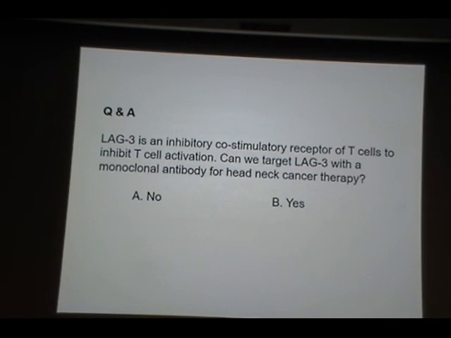But that's not a problem, because if you look at the data I just showed you, head and neck cancer patients have much higher levels of PD-1 expression or LAG3 expression. So even if you inactivate them, they can drop to the level of healthy individuals. So that's not a concern that will cause all the different types of side effects.